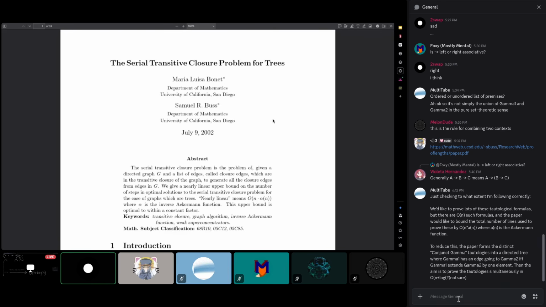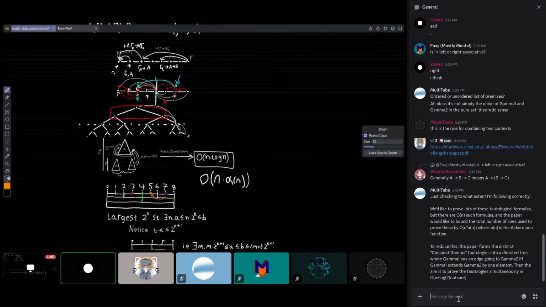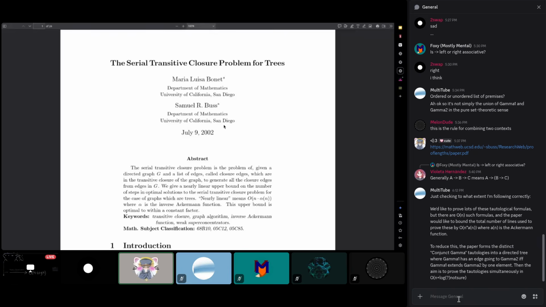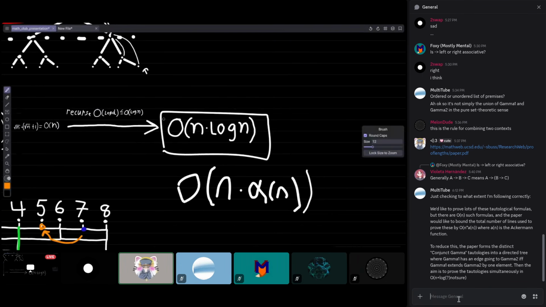But correct me if I'm wrong here. We haven't gotten to the Ackermann thing, right? Is there some trick beyond this? There is a trick beyond this that lets you get a tighter bound than n log n. But I couldn't think of an effective algorithm that tells you where to cut the tree.